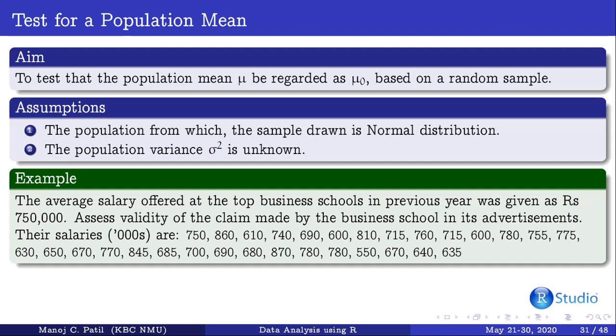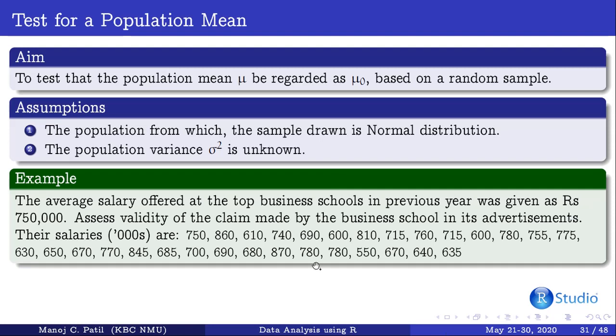Suppose their advertisement says their alumni are getting mean salaries of around 750K. Now we have some observations here, and we have to go for the one sample t-test.